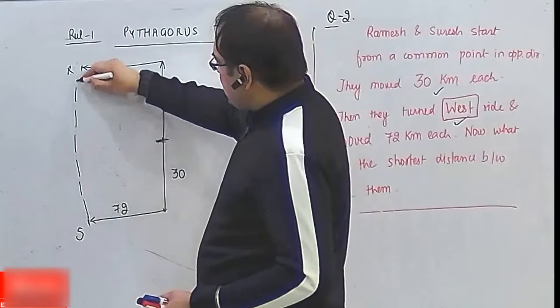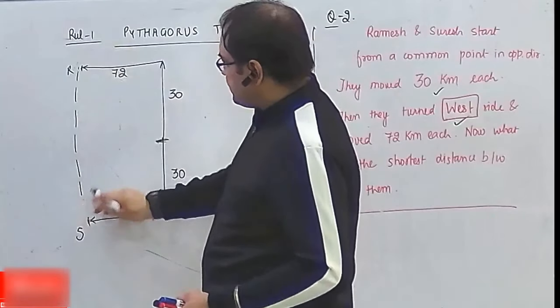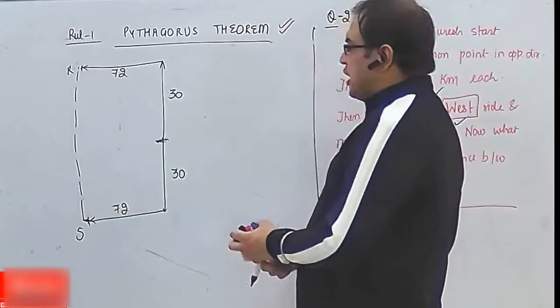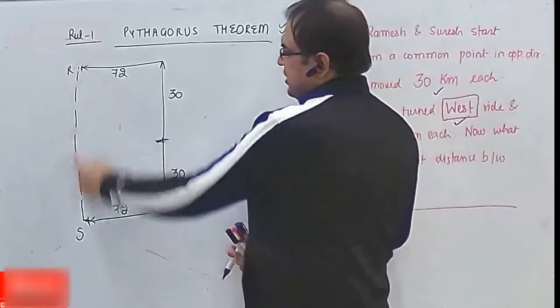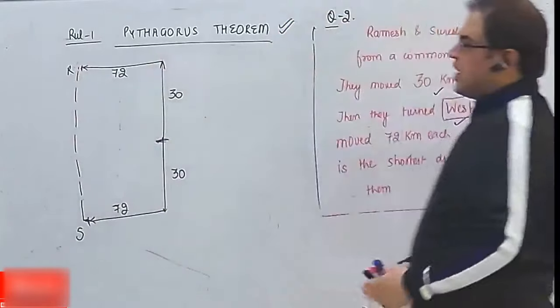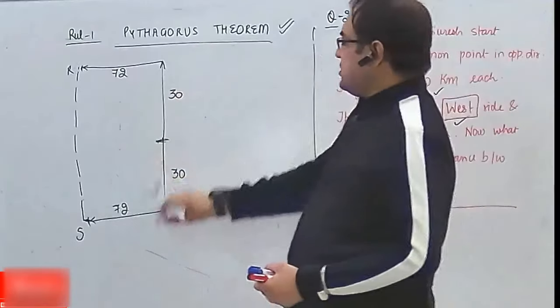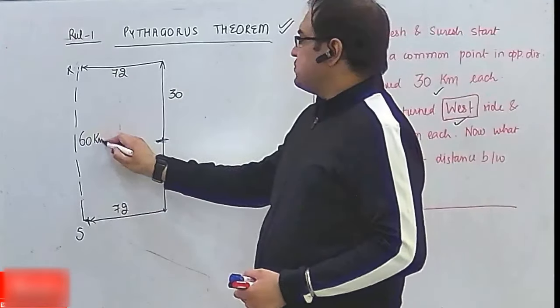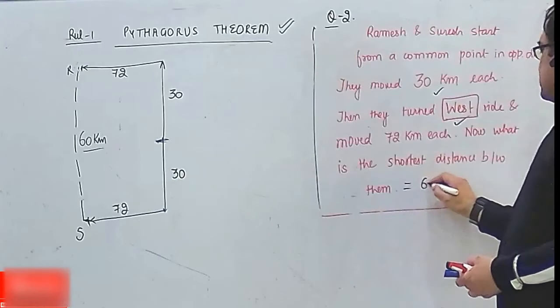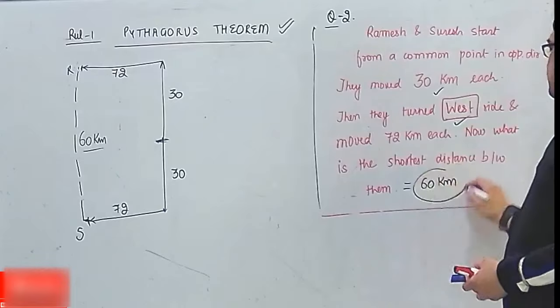So what we do is we join R to S. This line is definitely parallel to this line, so this line will be equal to this line. That is 30 this, 30 this, so this will be equal to 60 kilometers. So directly we can get the right answer as 60 kilometers, students.